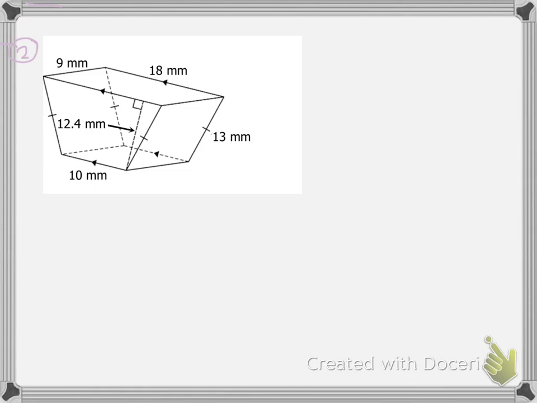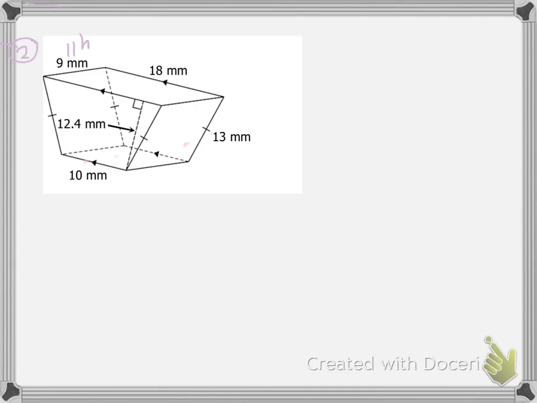But this side over here, and this back side back here, those are the same figure. So those are going to be considered your bases. Those bases are trapezoids. So the height between the bases is going to be this 9.